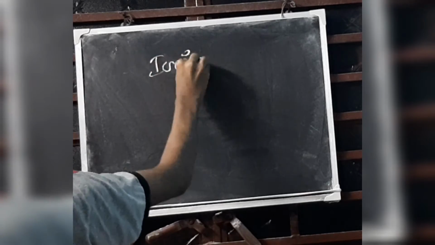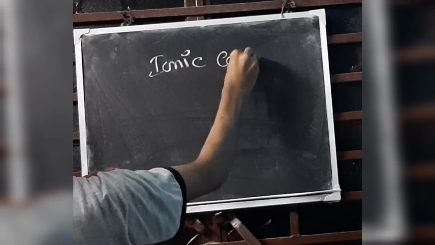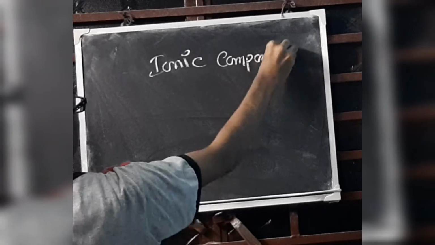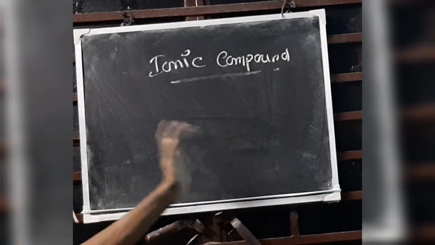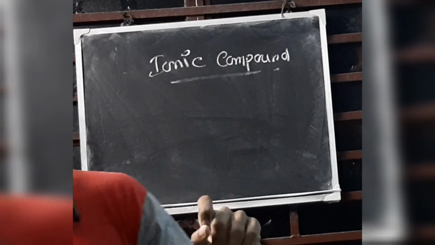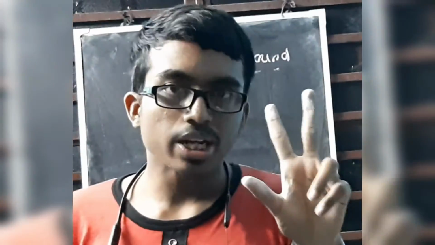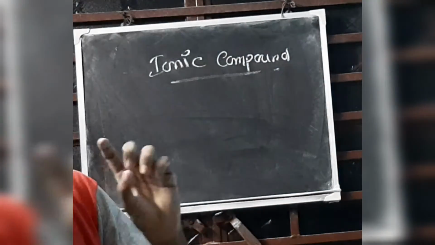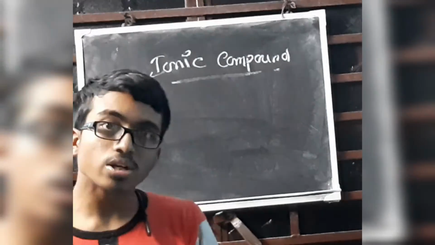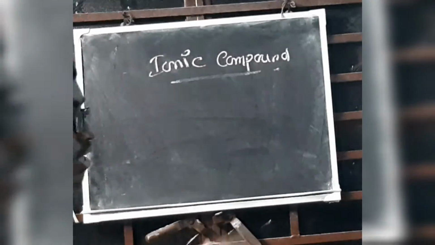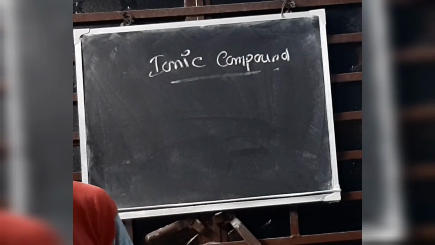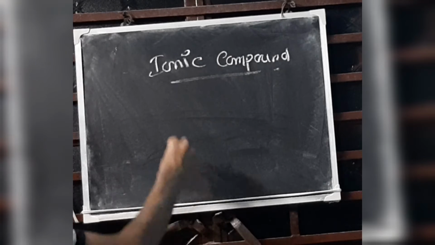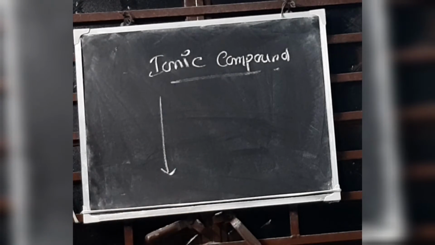Now, the most ionic compound. What is the most ionic compound? For an ionic compound, you see the electronegativity difference, which is there in chemical bonding. The electronegativity difference has to be high. So whose electronegativity difference is very high? We have not studied electronegativity yet, but I am just giving a brief: electronegativity will decrease down a group. Simple thing.